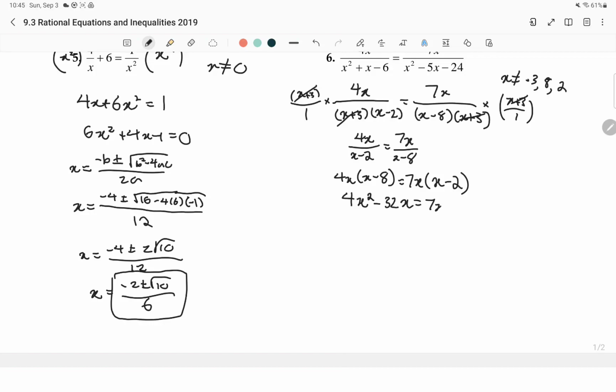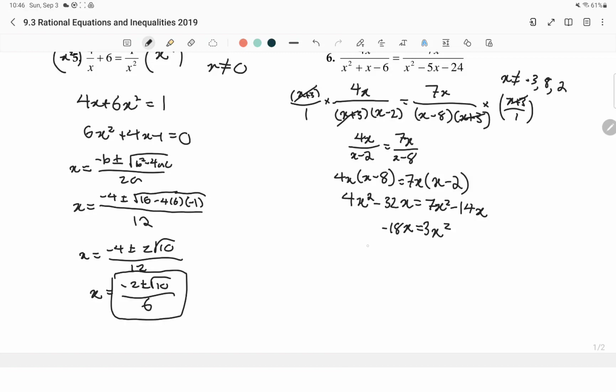x equals negative 14x here. So if you just combine like terms, move this 14x to this side, we get 3x squared actually equals, and 32 minus 14 is 18, negative 18x.